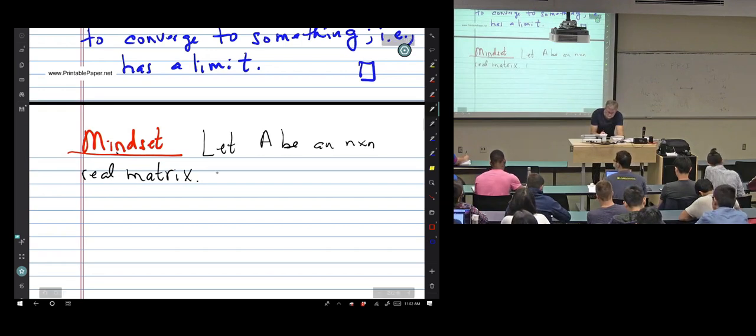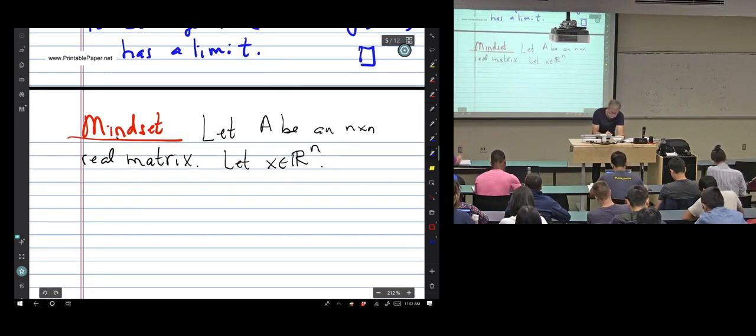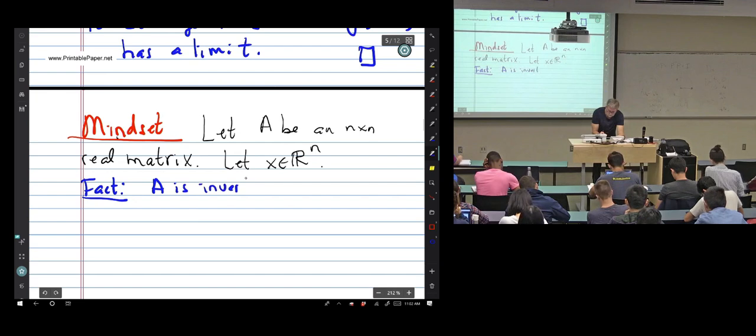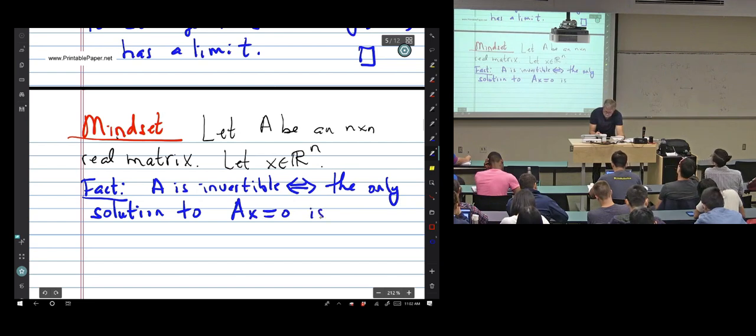Okay? Let X be some point in Rn. Fact, A is invertible if and only if the only solution to AX equals 0 is X equals 0, okay?